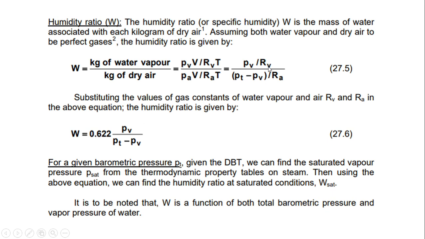After substituting the values of Ra and Rv, we get 0.622 pv by pt minus pv. Either it may be denoted as pb, barometric pressure, or pt, whichever is convenient. So pt is the given barometric pressure.